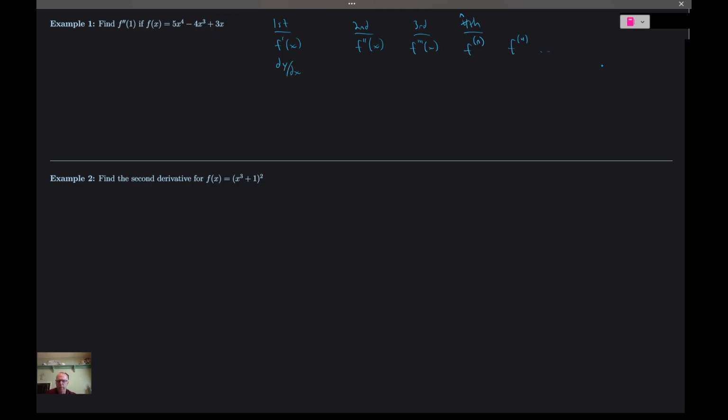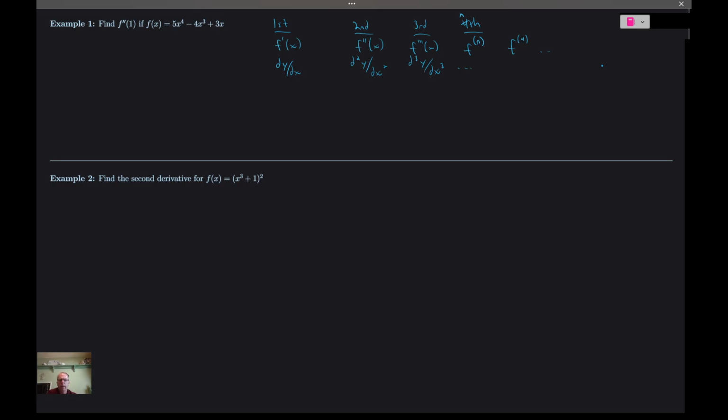This would be a first derivative. A second derivative is written like this. So you have d squared y dx squared, and then beyond that, you just replace the 2 with whatever number derivative you are on. All right, that's just notation. Mostly, I think we'll probably see f double prime of x like this.